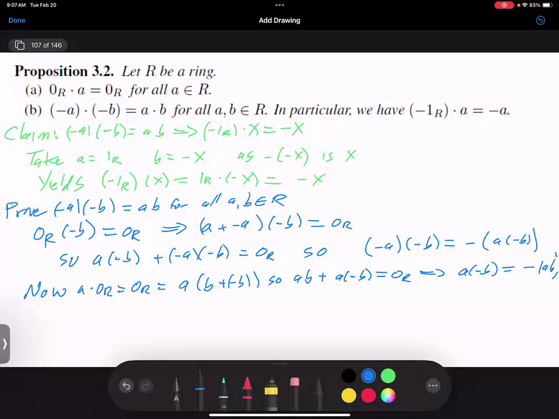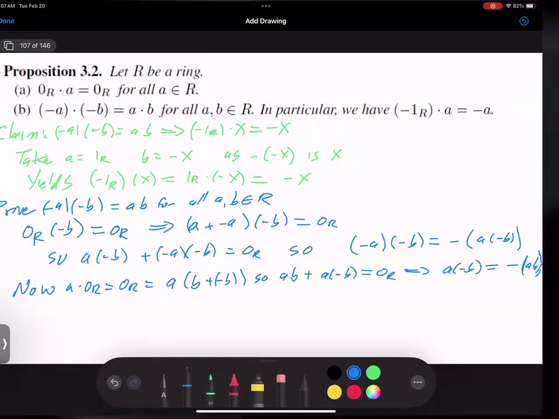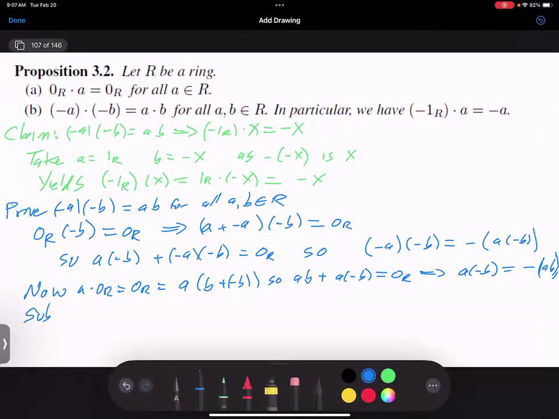I'm just being really careful how I write things. So we substitute. We know negative A times negative B is the additive inverse of A times negative B, but we just showed that A times negative B is the additive inverse of AB. And what's the additive inverse of the additive inverse of AB? It's just AB.